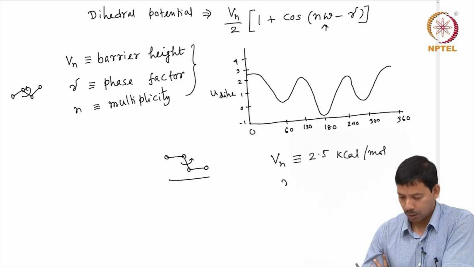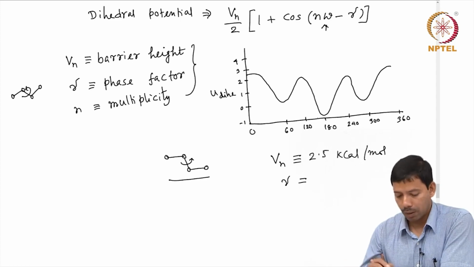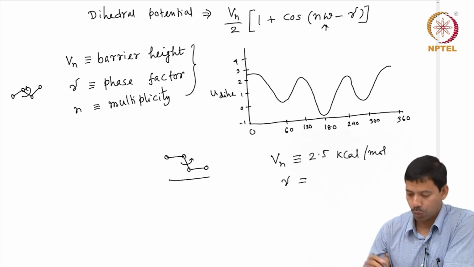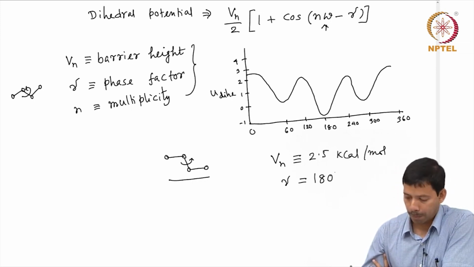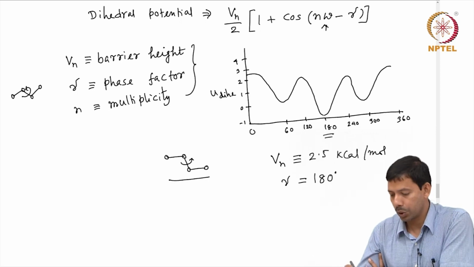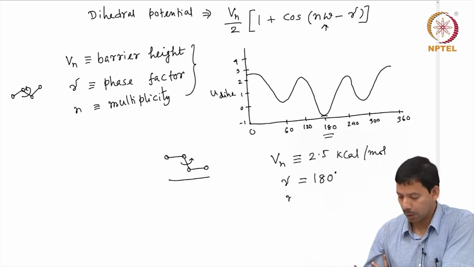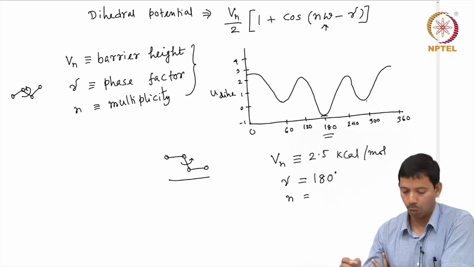Gamma is the phase factor, which tells the angle at which the energy is the least. So here my gamma is 180 degrees, because this is the angle at which the energy is the least. And n is the multiplicity, which is the number of minima in the whole rotation.